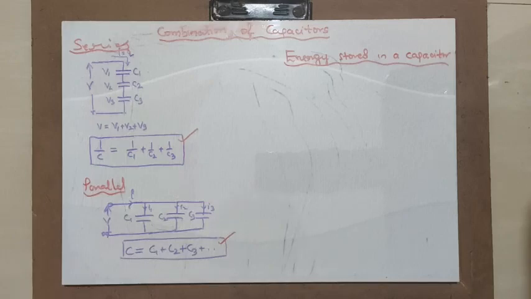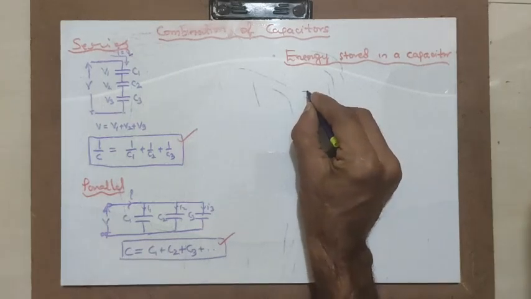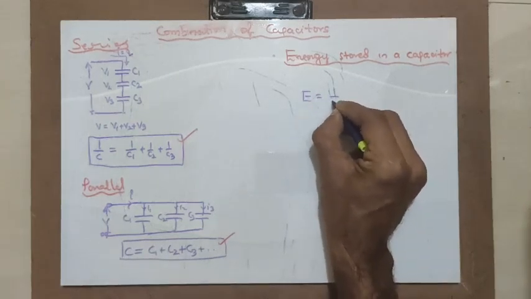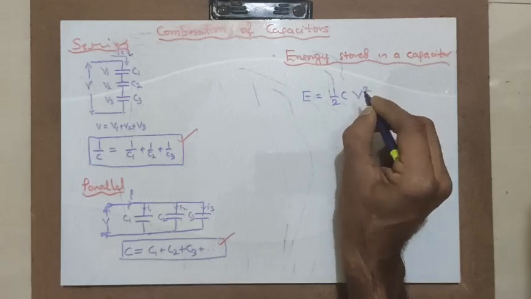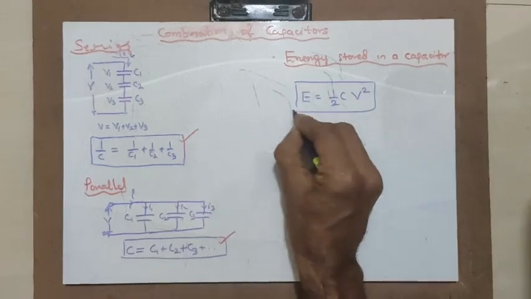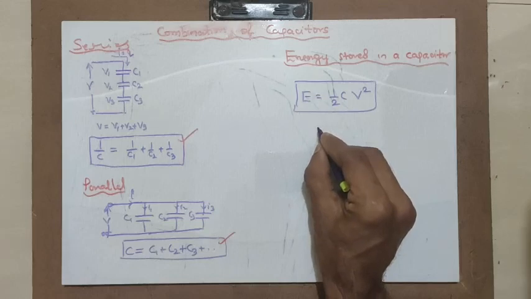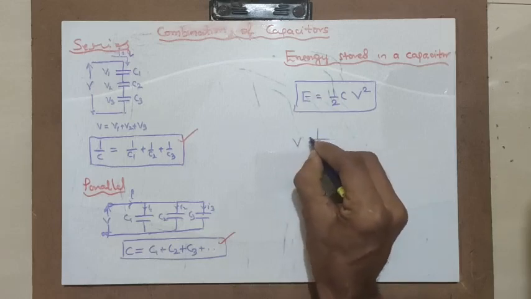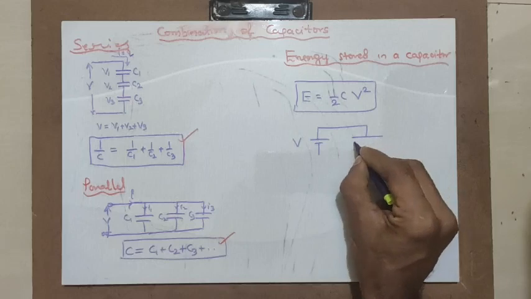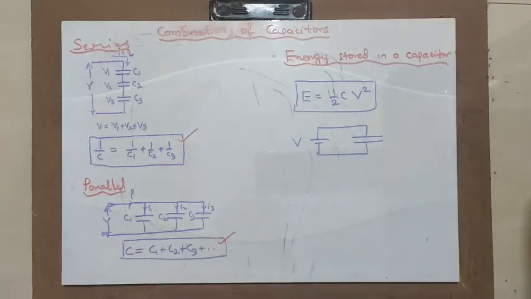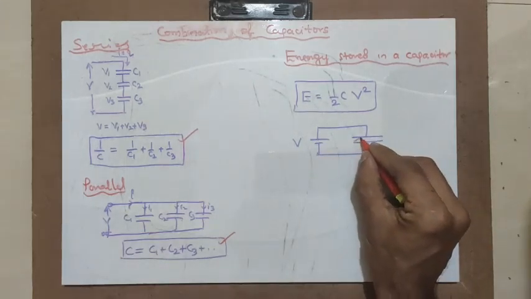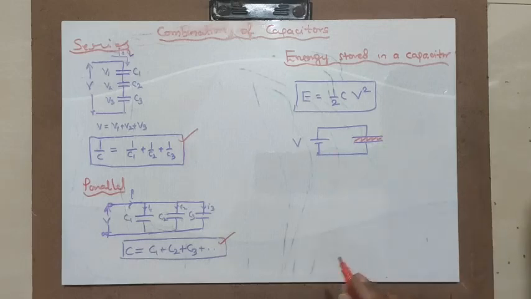What is the energy stored in a capacitor? Energy stored in a capacitor is given by E is equal to half C V square. V here is the voltage present across the capacitor. This capacitor stores energy in this dielectric material.